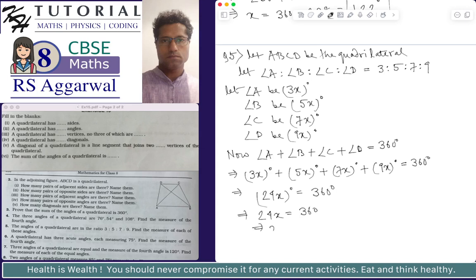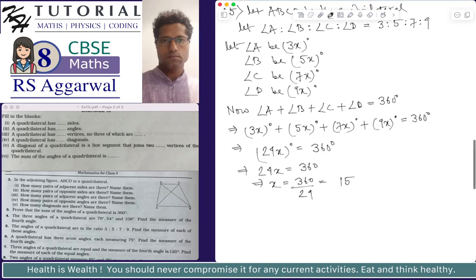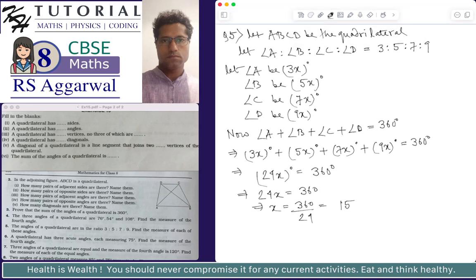This implies x is equal to 360 divided by 24, so x is 15. So therefore, angle A is equal to 3x.